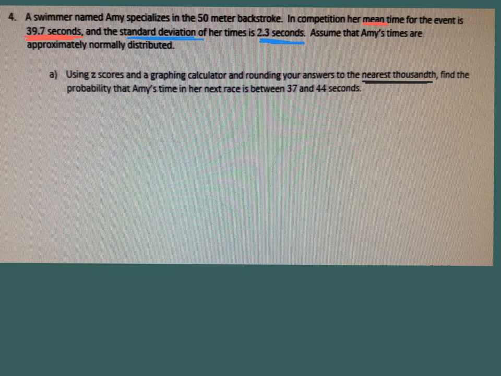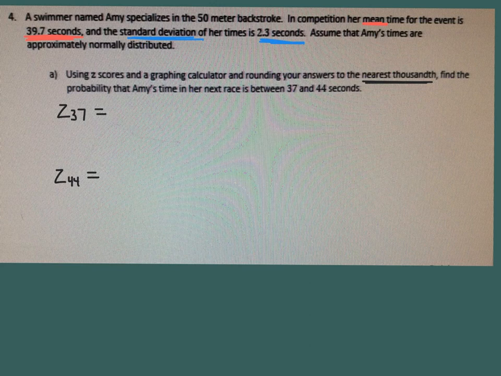Because we're finding 2 different z-scores, I like to label which is which. I'm going to find the z-score that goes along with 37, which I write as z sub 37, and the z-score that goes along with 44, which I write as z sub 44.